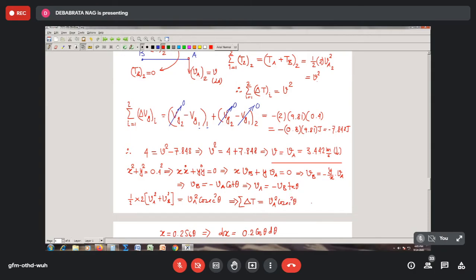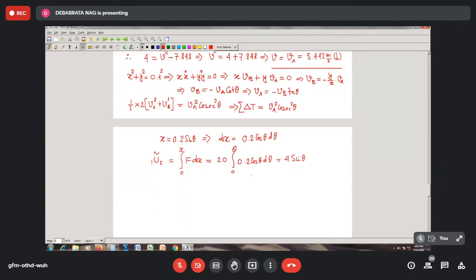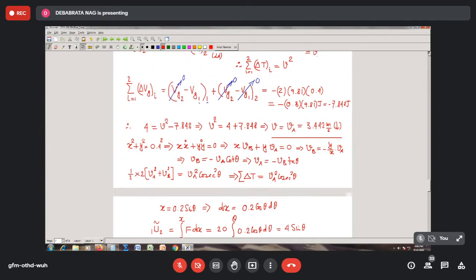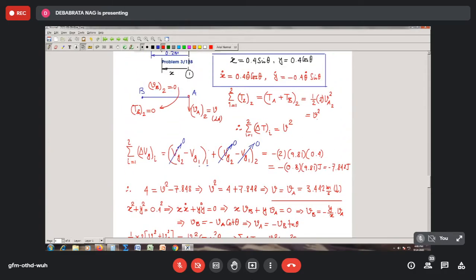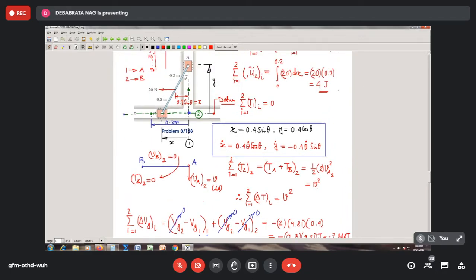Now if you go and put all these equations, we have this 4 sin theta term here, the work done. Then we have just seen the potential energy. You need to remember that your block B is moving on the horizontal path, so it does not have any potential energy.